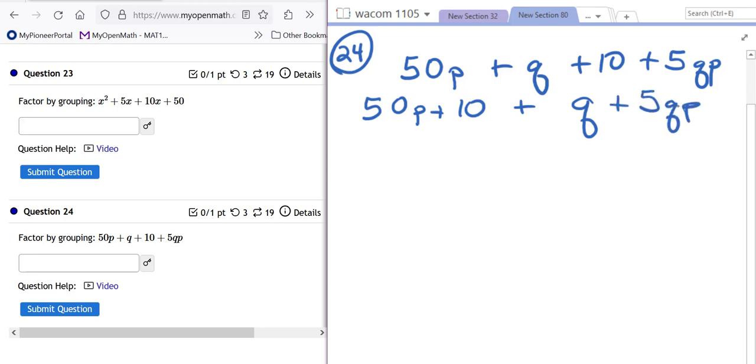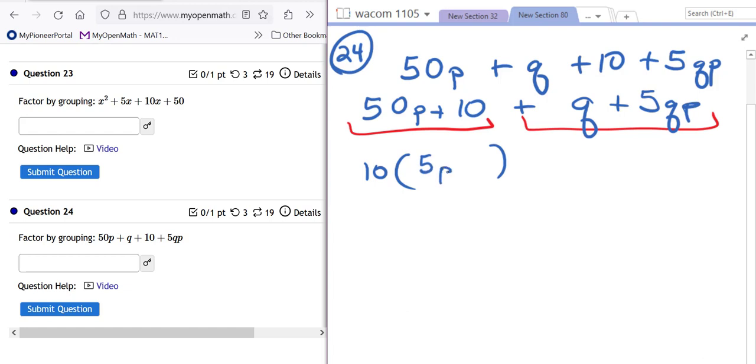Now if we try grouping, in this one we can take out a 10, and that will leave us 5p plus 1. We took the whole 10 out. In this one, we can take a q, and that leaves us 1 plus 5p.